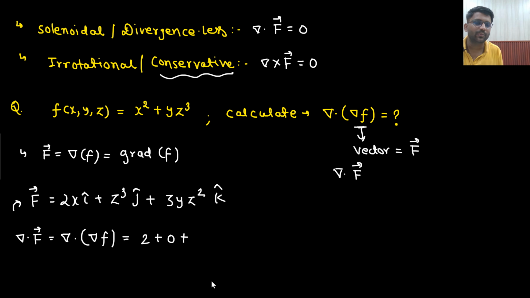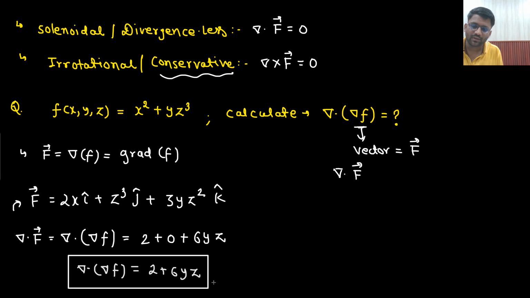Partial differentiation of this function with respect to z, what answer you will get? 6yz. So what is the answer you are getting? 2 plus 6yz. So this is the answer of your question. 2 plus 6yz. Is that understandable to you? Okay.